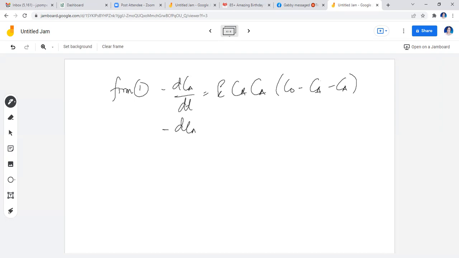So you have dCA dt equal to K C sub A squared, and you will have C sub O minus 2 C sub A.